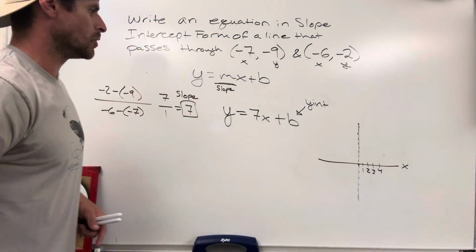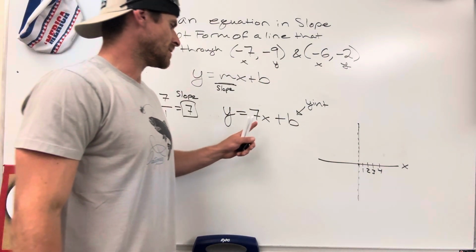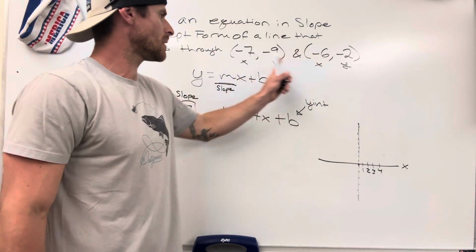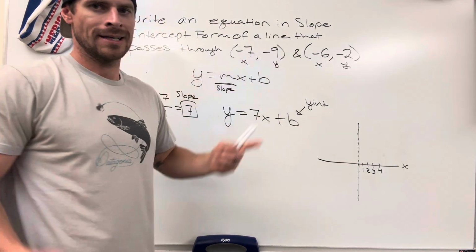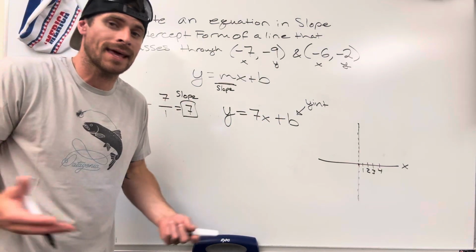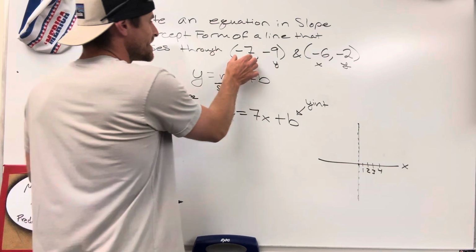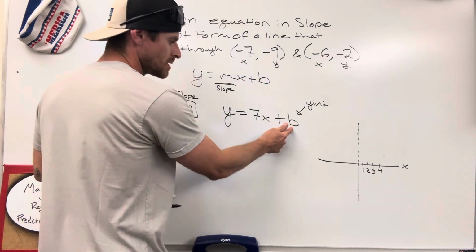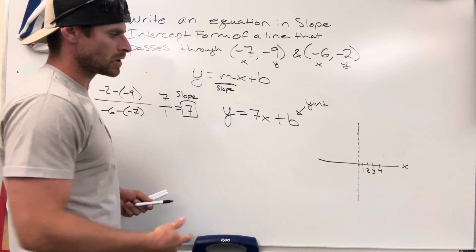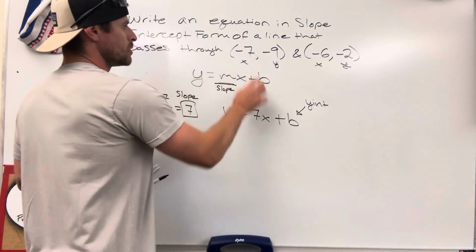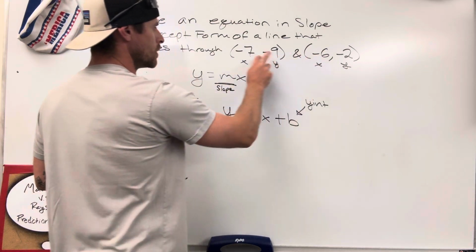So what we want to do is put a 0 in if we know what it is. Sometimes you'll be given a point with 0 something. Oh man, they didn't give us that in this problem. So we can't really go about it that way. But if there was like a (0, 6), okay, you just say, boom, 6 is my y-intercept and you'd plug it in. Unfortunately, we can't go that route because the 2 coordinates that were given to us do not have an x value of 0.